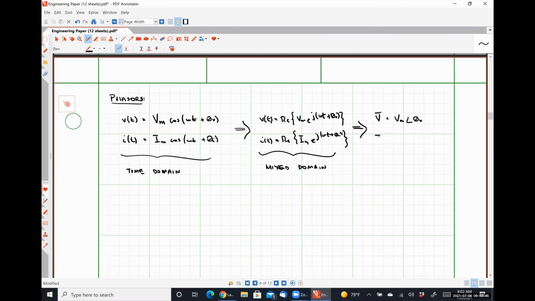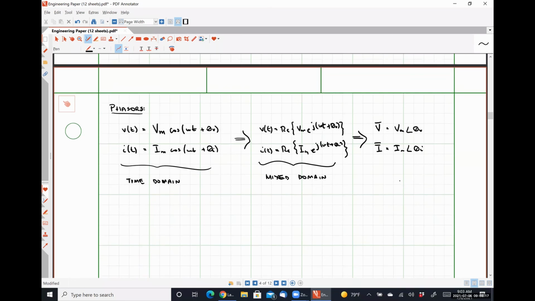And I'm going to represent my phasor current I bar as Im angle theta I. So this is really the same thing as our mixed domain relationships, except that we are throwing away the frequency characteristic, with the understanding that that frequency characteristic is constant among all of the terms, which is exactly what we saw in our last circuit analysis.